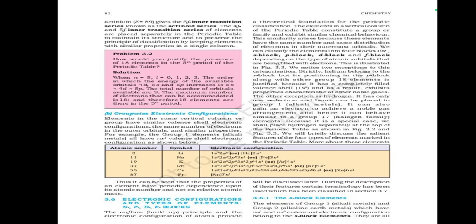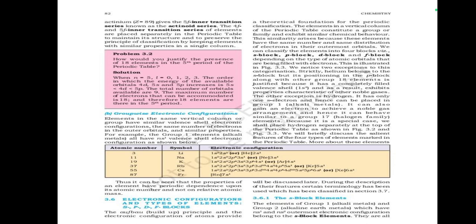Electronic configuration and types of elements, s, p, d, f blocks. The above build-up principle and the electronic configuration of atoms provide the theoretical foundation for the periodic classification of the elements. A vertical column of the periodic table constitutes a group or family and exhibits similar chemical behavior.